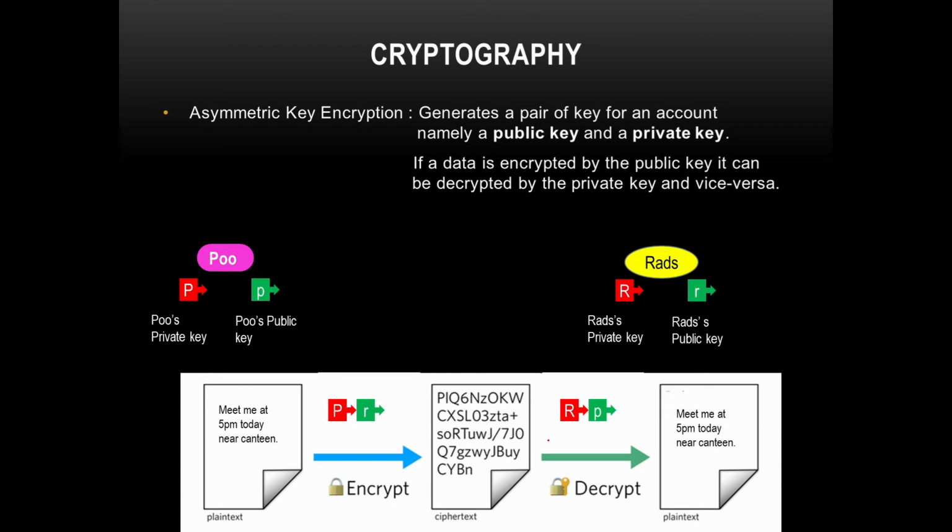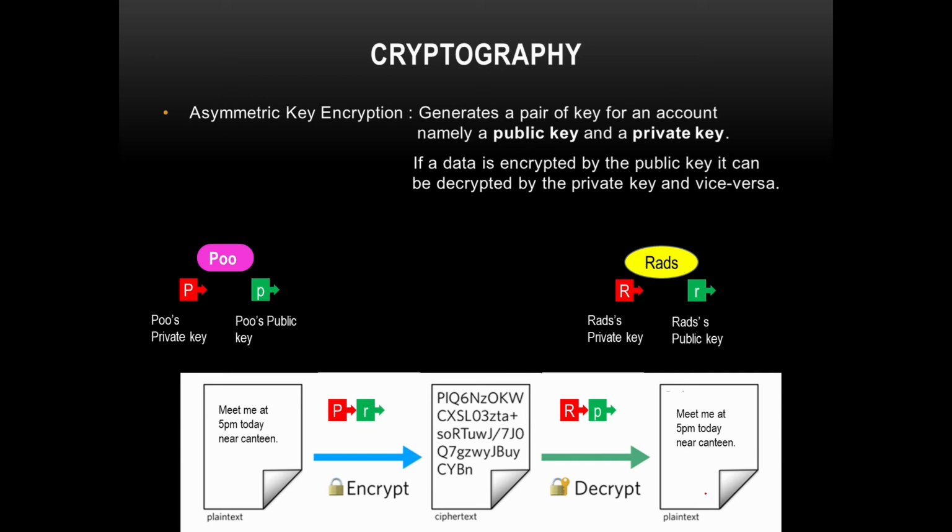So why are we doing this? Because if we do this, Rads gets to know that it was sent by Pooh, because it was her private key which was used for sending the plain text. So Rads knows that it can only be sent by Pooh and not anyone else.